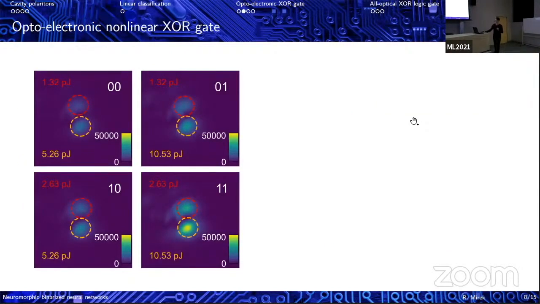So this is the result that we had. These are the 4 states that we wanted to encode, and this is the emission from 2 condensates on the CCD camera. We encode 00, 01, 10, 11 by the excitation power of these pulses. The first bit is encoded by 1.2 picojoule or 2.6 picojoules, and the second beam by 5.2 or 10.5.